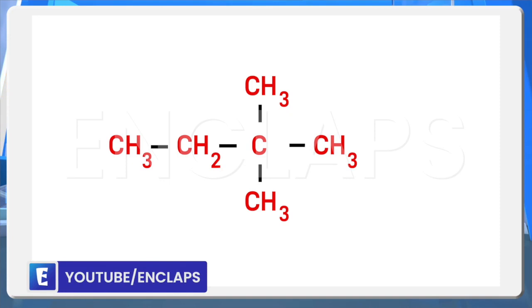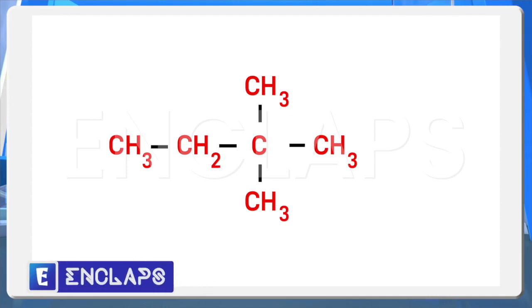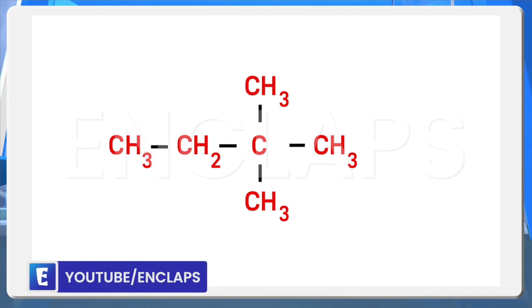So, we will get the structure CH3 CH2 C. On that carbon atom, we have to draw 2 methyl groups CH3, CH3, then CH3. This is also a chain isomer of hexane. Clear? In this way, we can draw the chain isomers of alkanes.